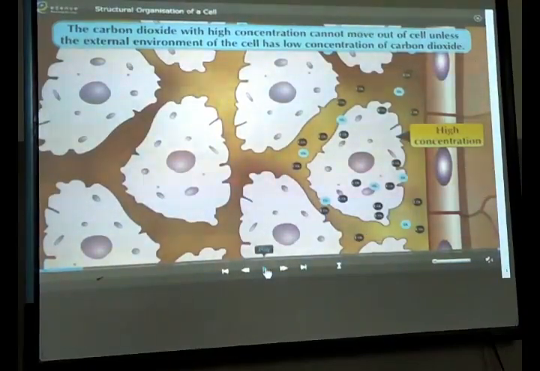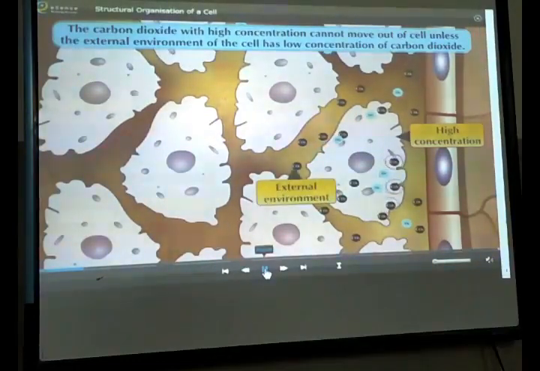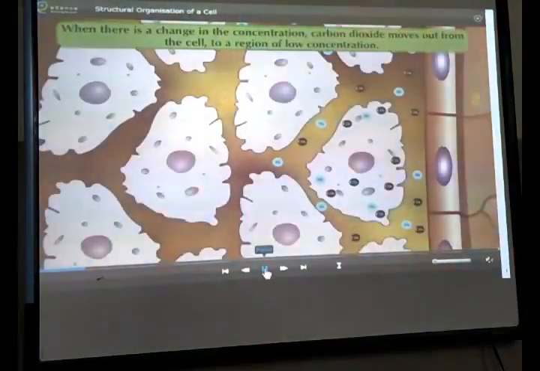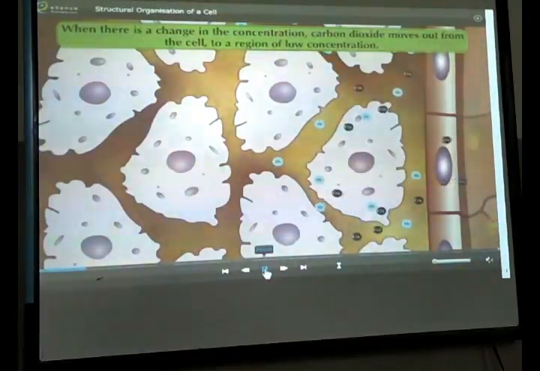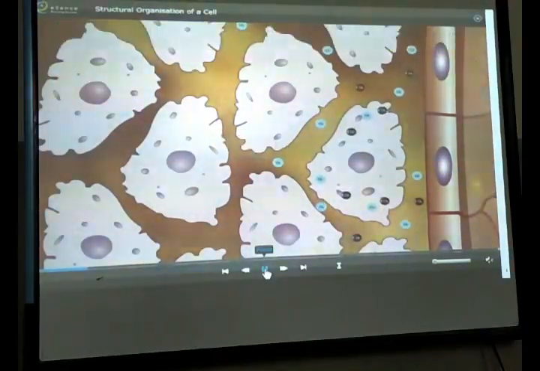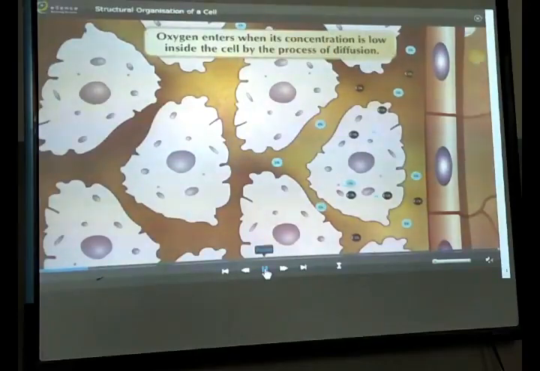This you can understand well by this. See here, high concentration is there, the external environment becomes low concentration, and then this gas comes outside. So when there is a change in concentration, carbon dioxide moves out from the cell to form a balance in the concentration of material.